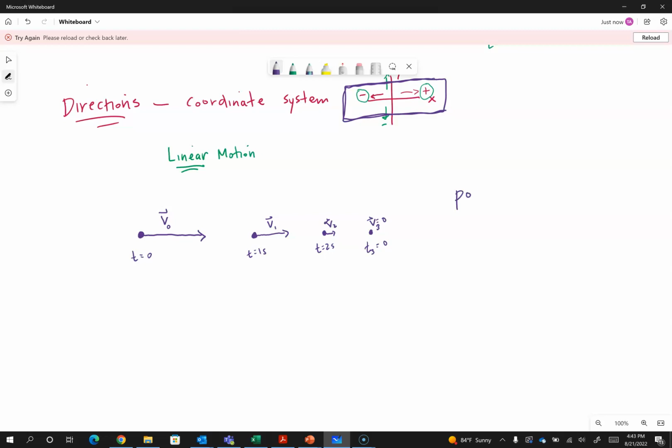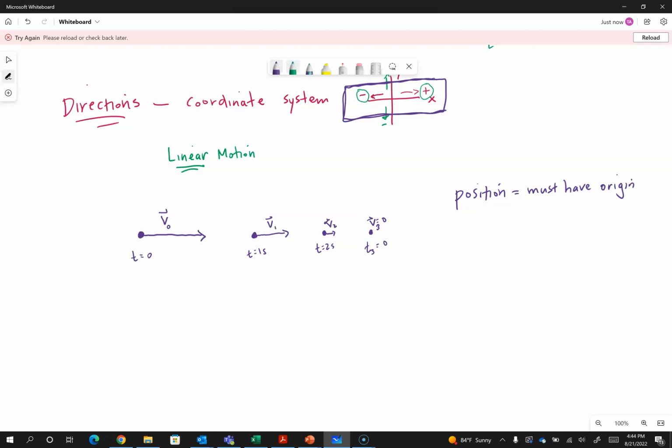For position, we must define an origin. So if you were solving a problem in the homework, and they were asking you whether the position was positive or negative, they would need to draw where the origin was in the picture. Here, that's not drawn, so I will draw one in to talk about that.